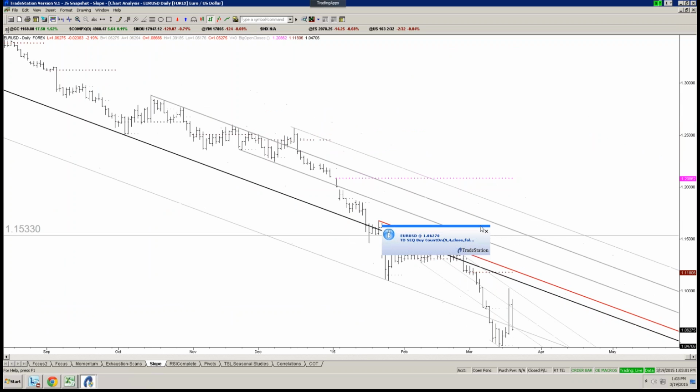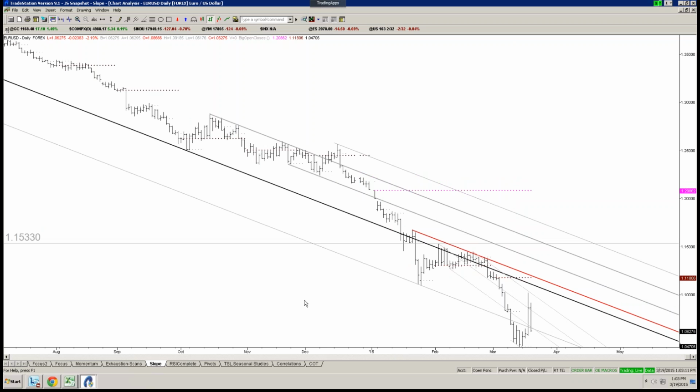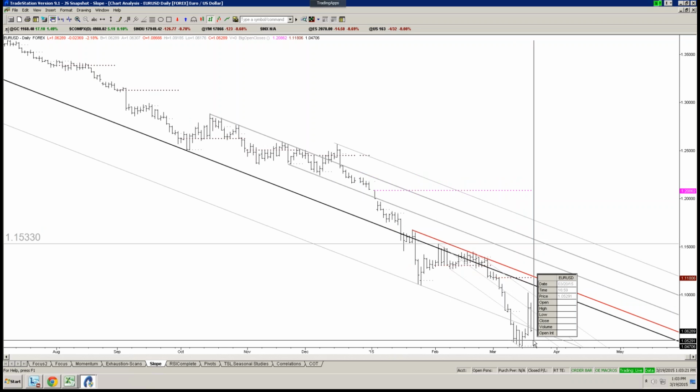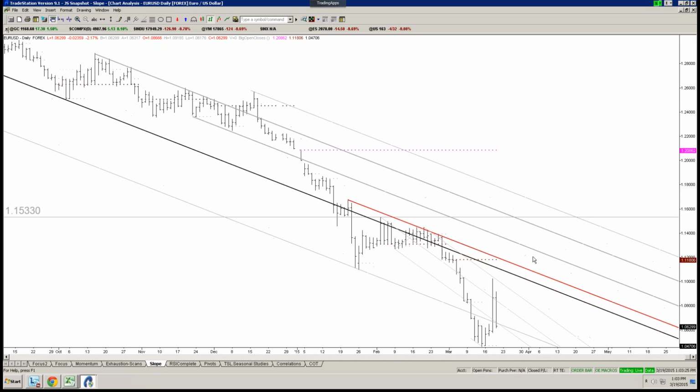And then when we get to the daily chart, this red trigger line and this median line, I think, are going to be super important as we move forward. Those are levels that, to me, are really the bigger picture trend defining levels.